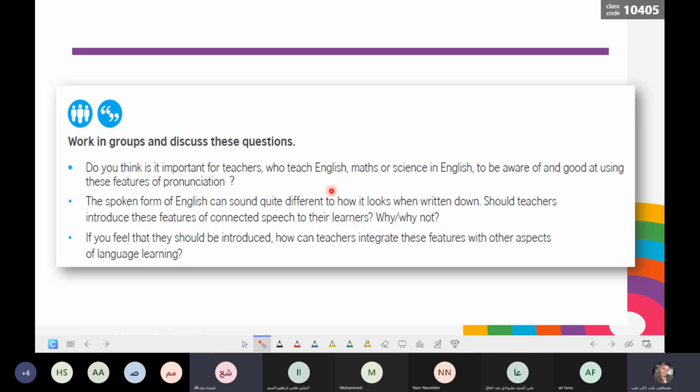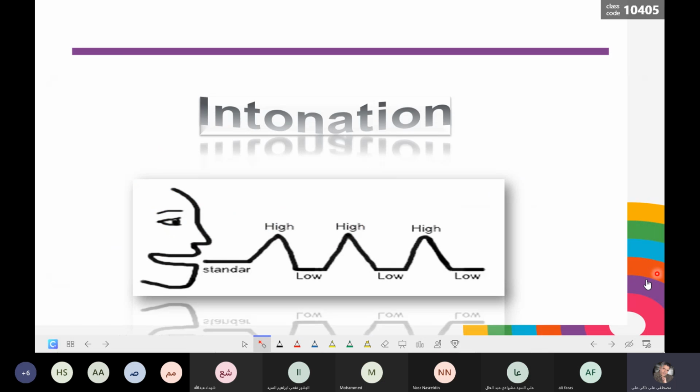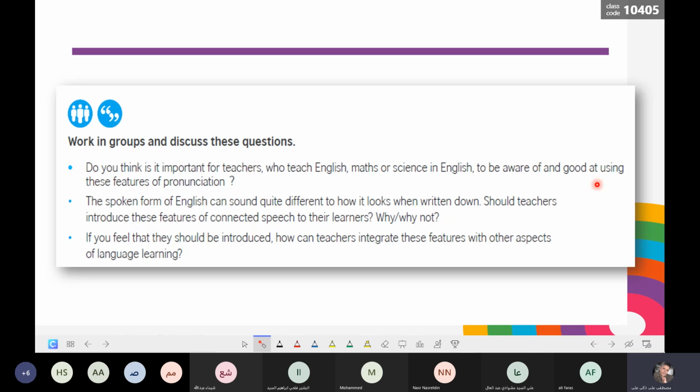They can use it during the explanation, but they shouldn't emphasize it during the day. They concentrate on numbers and parts of the body in science. This is my opinion. So it's not that important for them. Being aware of these things and being good at using these features is important.